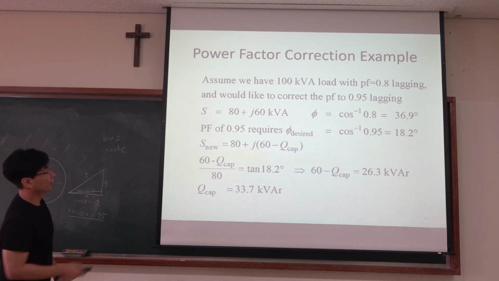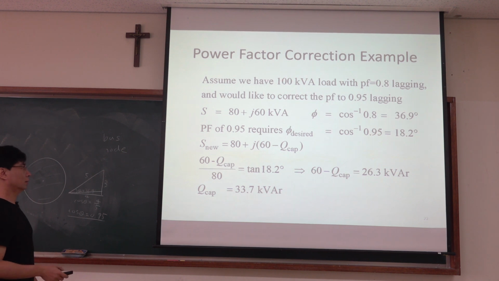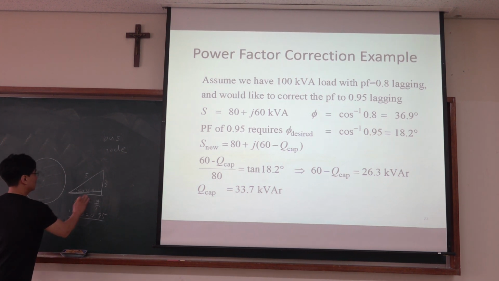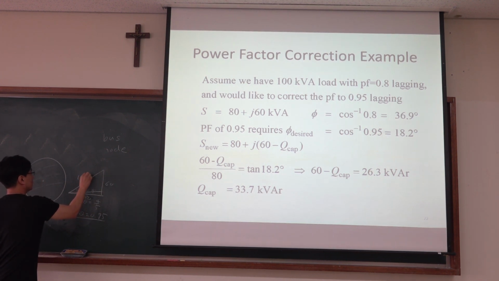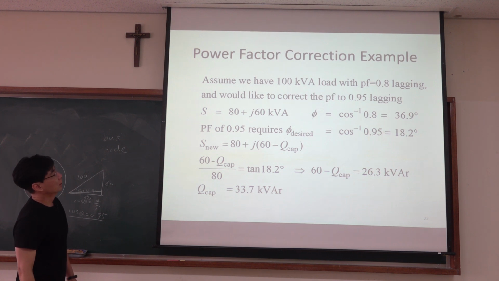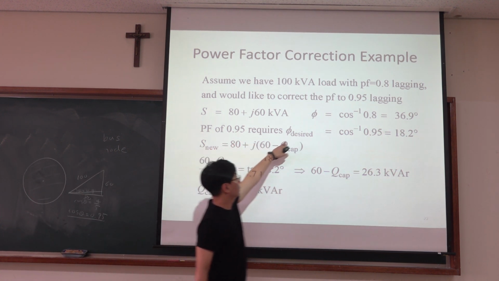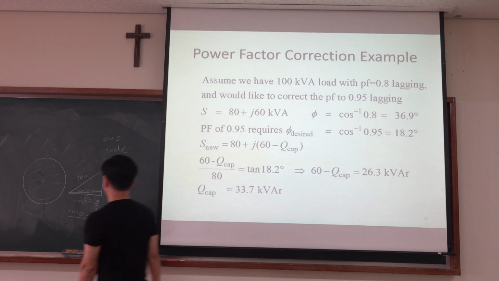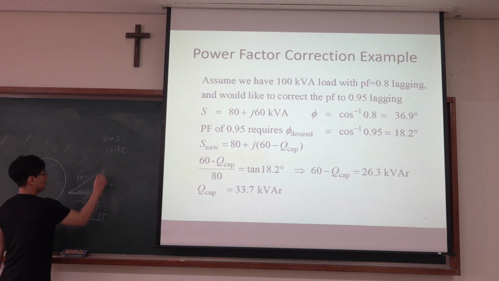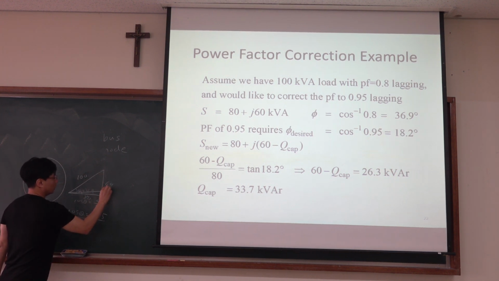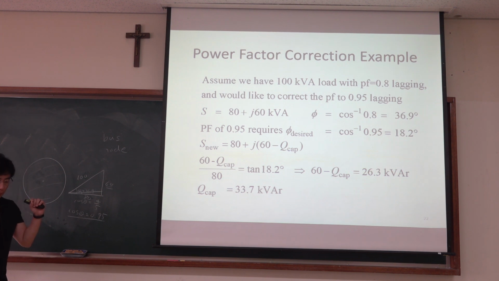Or simply, we have complex power, 100 kVA. So this is 80, this is 60, and this is 100. And power factor 0.95 requires this zeta to be 18.2 degrees. So this is a reactive power, and you put reactive power in injection.